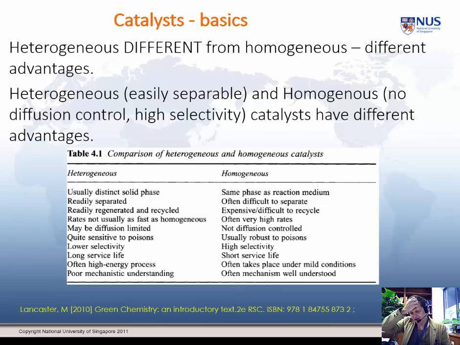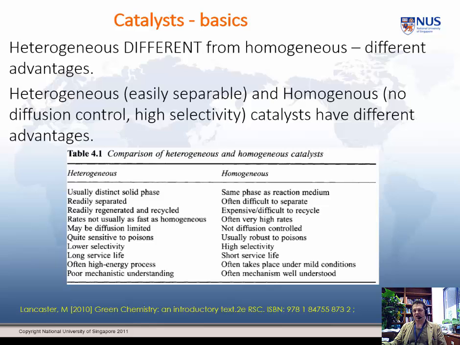Okay, so there are two great splits in the catalyst world. One is heterogeneous catalysts, and one is homogeneous catalysts. They are different, and they have different advantages. So heterogeneous catalysts are in a separate phase by definition. You can filter them out, they're easily separable.